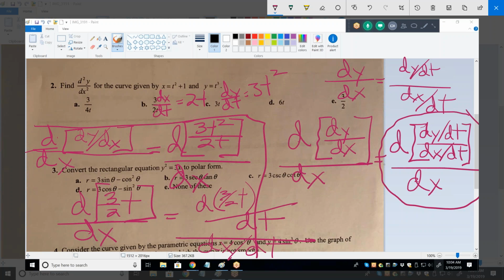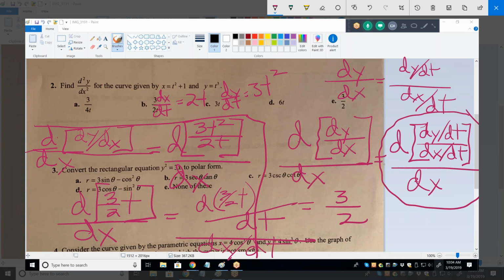Okay, and the derivative of that is 3/2. And we're dividing it by 2t. So then it'd be 3 over 4t.